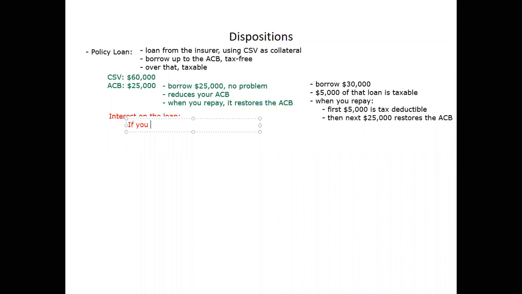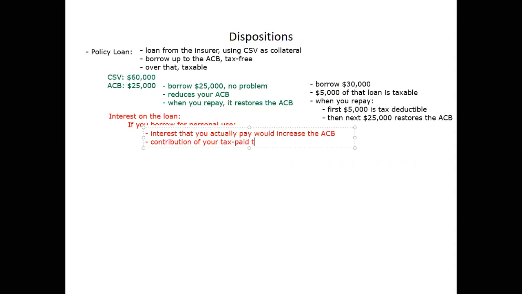So if you borrow for personal use, then any interest that you repay, if you actually pay any interest, which you don't necessarily have to, we can accumulate the interest usually on these loans, would increase the ACB because it's a contribution of your tax-paid dollars to the policy.